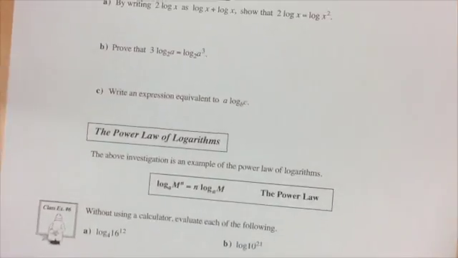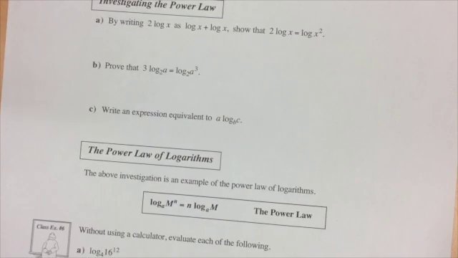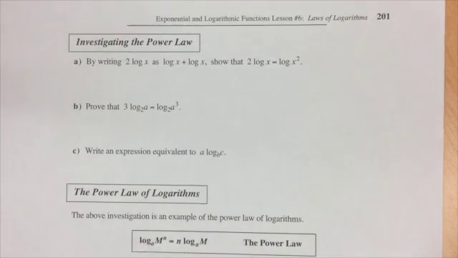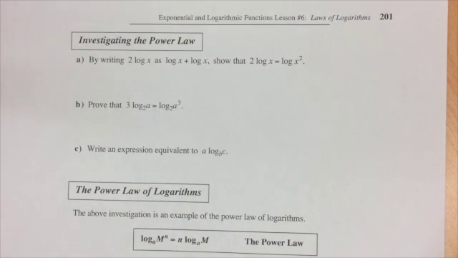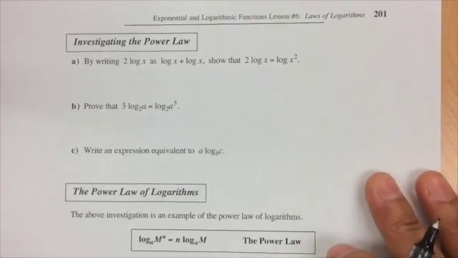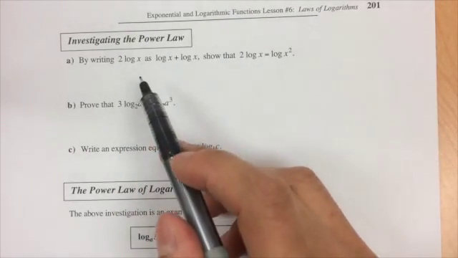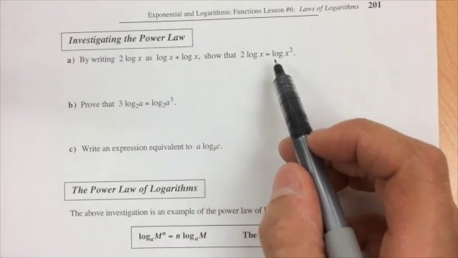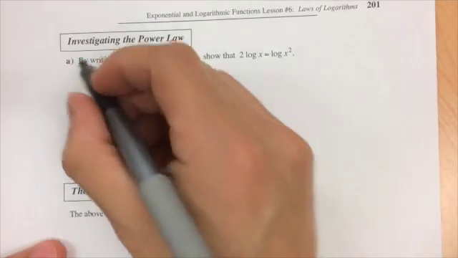Okay, now let's look at the power law. So we looked at the product law, we looked at the quotient law. Now we want to look at another law, and that's the power law. So by writing 2 log x as log x plus log x, show that 2 log x is equal to log x squared.